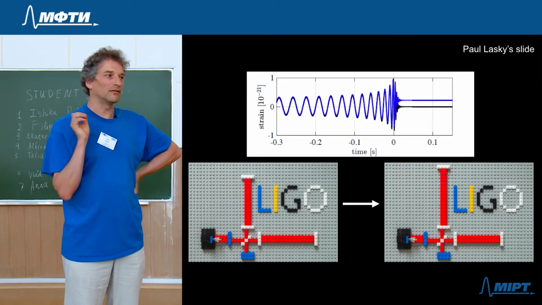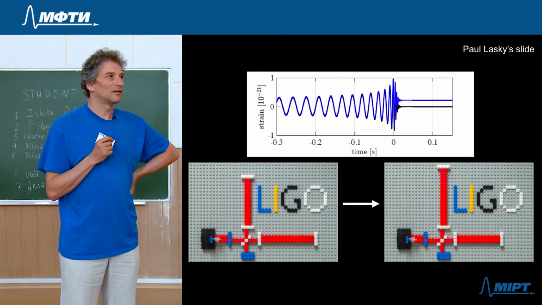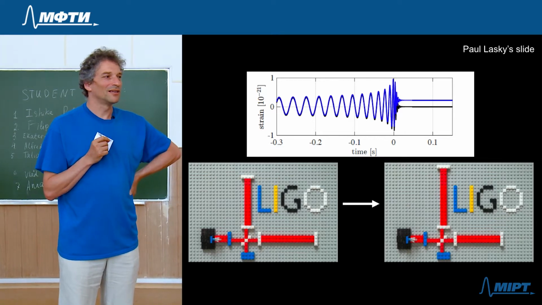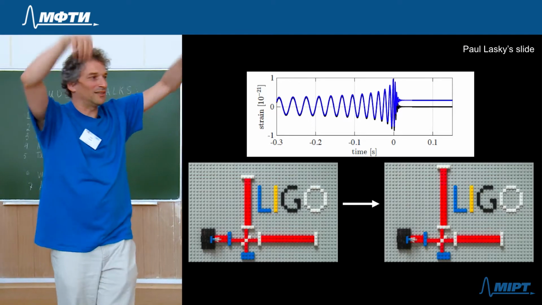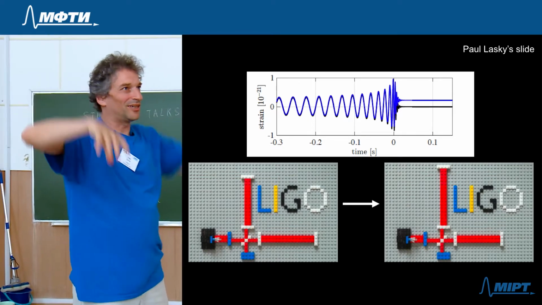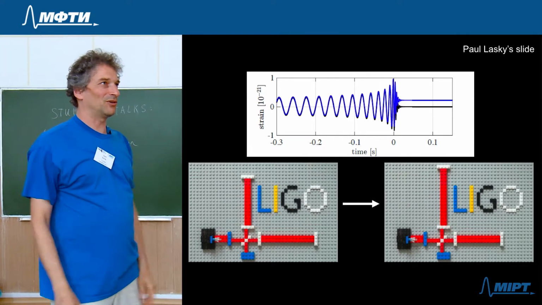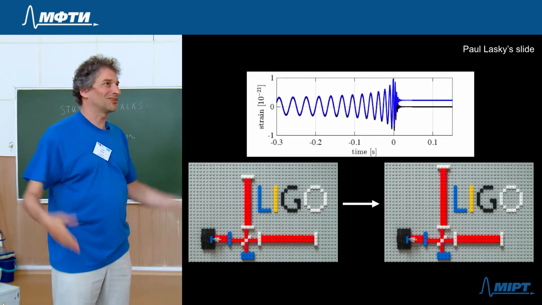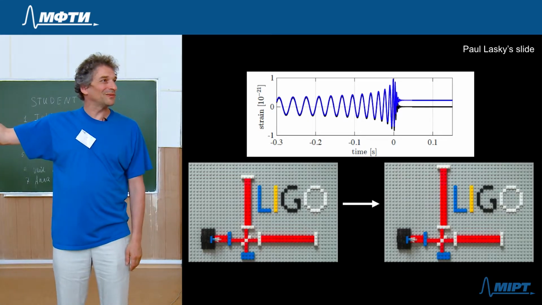In LIGO in particular, in the LIGO detector. What happens? Yeah, it's suspended. These mirrors are suspended on wires. They're pendula. If you push the pendula away and then let them go, they come back to the original point, right? So this is wrong. This cannot happen.